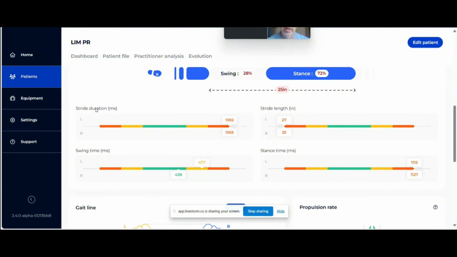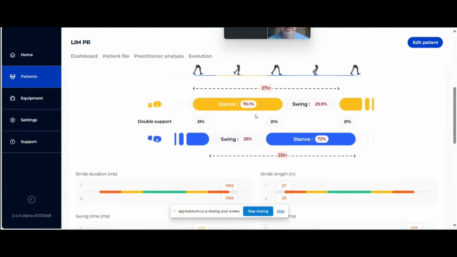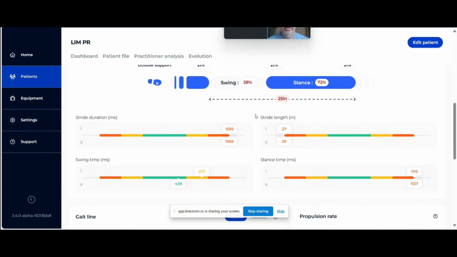So we look at the stride duration, and the stride duration is really long relative to the distance that she's covering. So it accounts for the fact that she's taking a lot of time to do that. And again, we see that because there's a reduction in speed in people. And by the way, this patient does have peripheral neuropathy. So we do see a very long stride duration. Okay. Now let's go back up here. And one of the reasons is because there's a really, really long stance phase, the relative percentages.